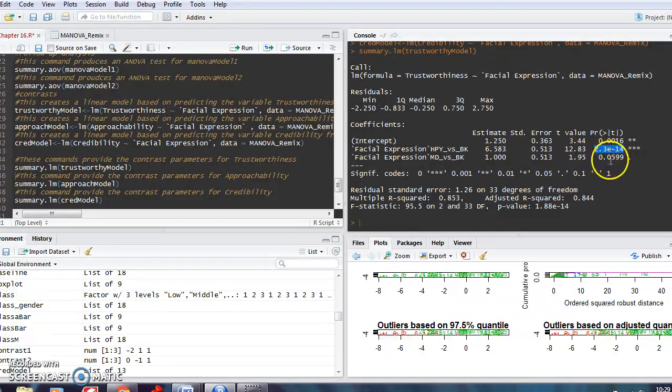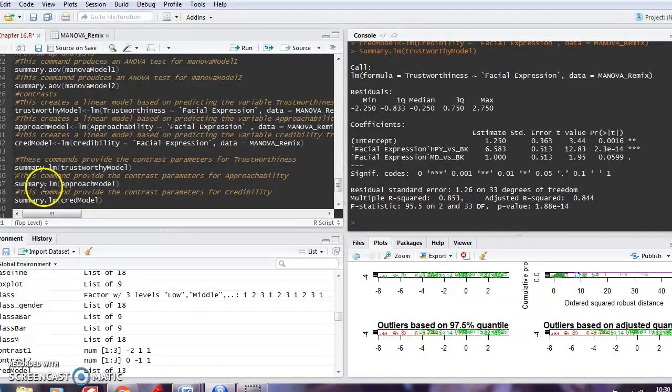But we don't see that for mad facial expressions against blank facial expressions. And it's also a significant F value. So as far as trustworthiness goes, trustworthy is pretty much cleared.